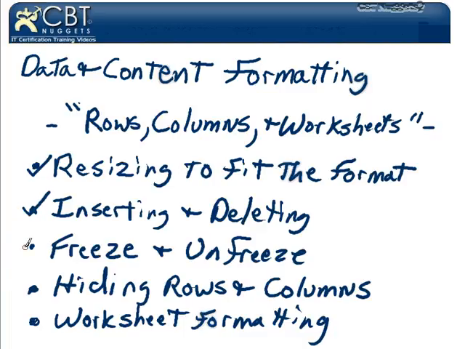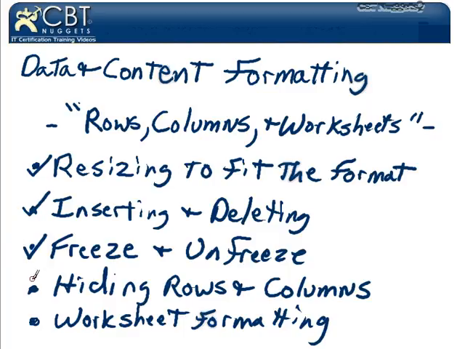Same thing with rows. We can also freeze and unfreeze panes. So if I want to freeze the top 2 rows so I can scroll down and still see what column I'm under, I can do that. Or if I freeze columns, I can scoot left to right and see what's going on with that as well.